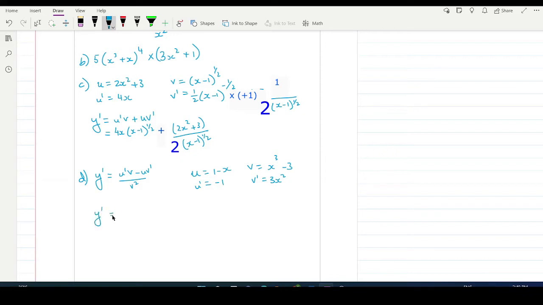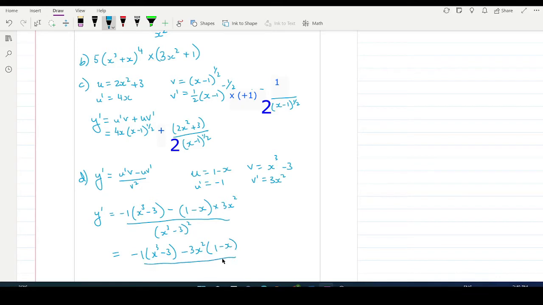So our y dash will be u dash v, which is negative 1 times x cubed minus 3, minus u times v dash, all over v squared. So it's going to be negative 1, and that's it.